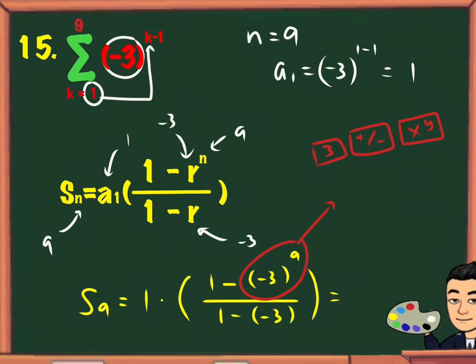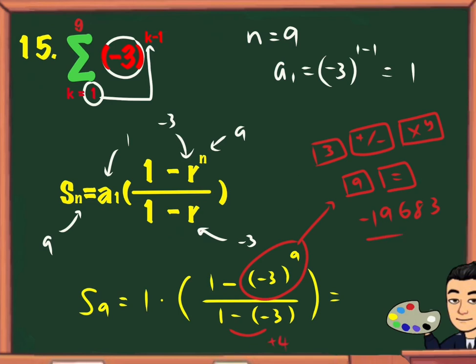To the 9th power, so you press 9, and then press enter. You should get negative 19683. For the bottom one, 1 minus negative 3 is actually positive 4.